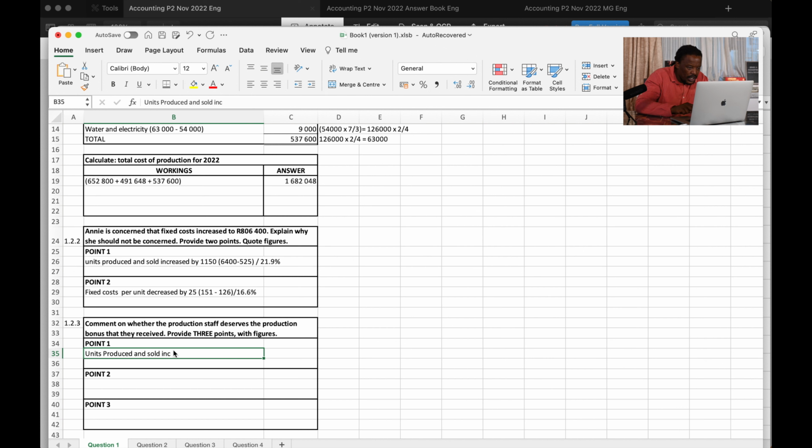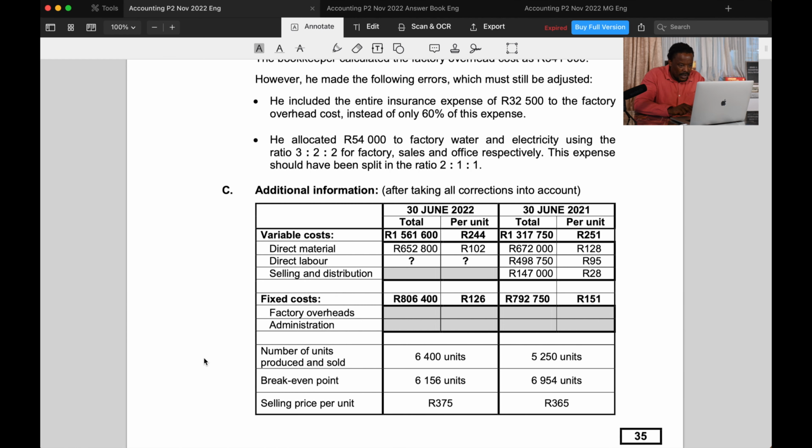Units produced and sold increased by 150 or by 21.9%. Now you mention it in terms of percentage. Increased by 21.9%.